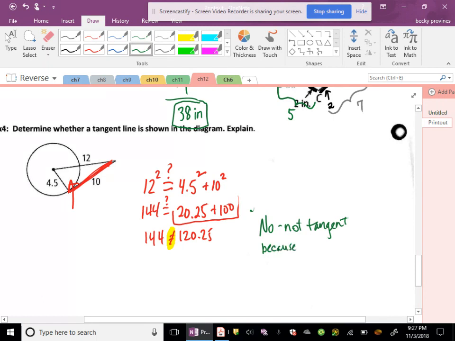Because the triangle does not form a 90-degree angle, which means the line is not tangent. Okay, hopefully you can read that.